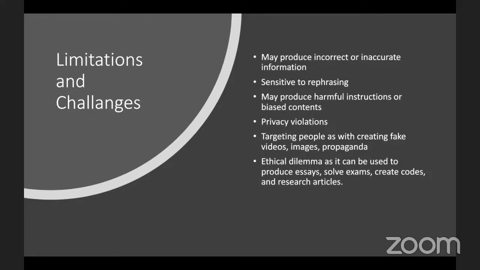The OpenAI applications and features have some limitations and challenges that people are not at peace with. One limitation currently is that it may produce incorrect or inaccurate information, because at the end of the day, we as humans provide the information to them.